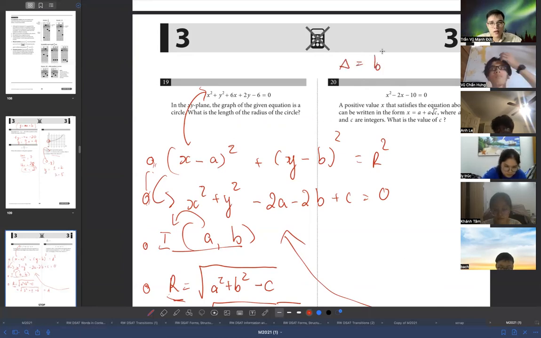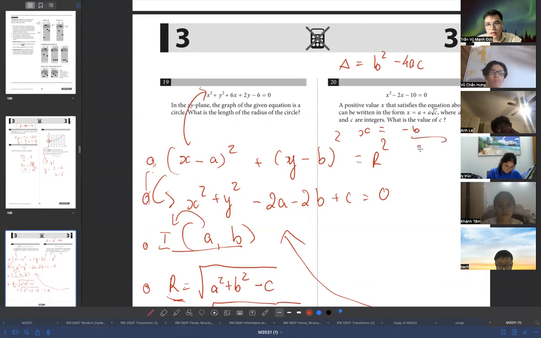Delta equals b squared minus 4ac. Still going to have this memorized. And the solution is x equals minus b over 2a, plus or minus the square root of delta.